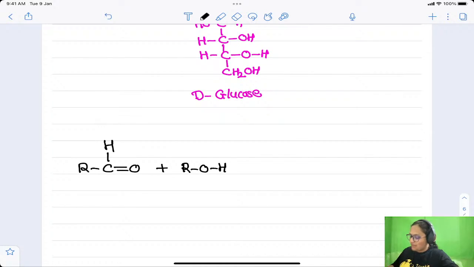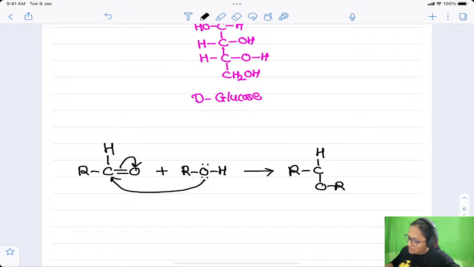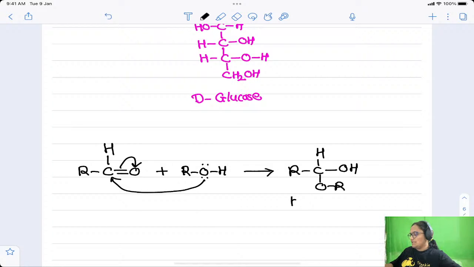What happens is that the pi bond shifts onto this oxygen, and the oxygen of the alcohol attacks this carbon. So what will be the product? We will get RCH, then OR, and this H will be attached on this O. As we have already discussed these reactions, I am just writing it fast. We get this kind of product, which is called a hemiacetal, or acetal you can say.